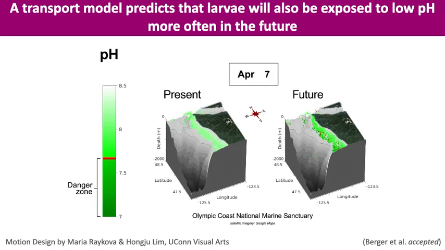You can see that the red ones are experiencing pH conditions that are considered the danger zone, or regions where lab experiments have identified potential stress to this life stage, which is the megalopae and zoea, that earlier life stage, within the sanctuary. We found that this life stage will be exposed to low pH conditions more often in the future.